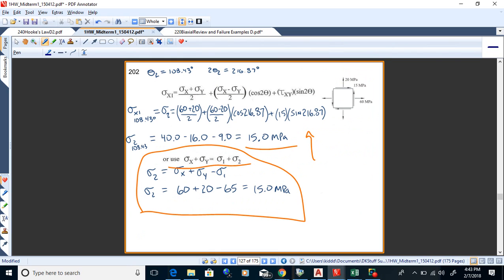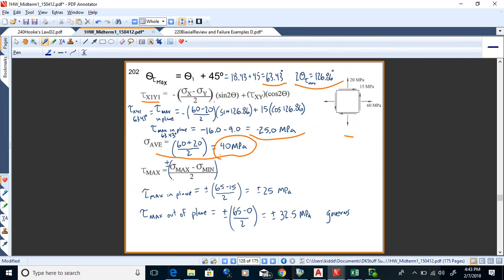Especially on the shear, because I noticed a lot of you were using that formula. I think it was 29 on the shear. And then I'm thinking, well, okay, that's nice. You got the plus and minus shear values, but which one acts on which plane? And I don't know if you all really knew how to get that done. It's the same sort of concept. The safest way to find the maximum shear is just find the angle, add 45 to your principal angle, and then plug that into the general shear formula.